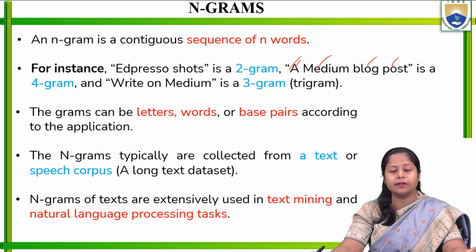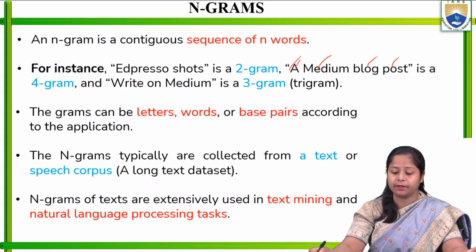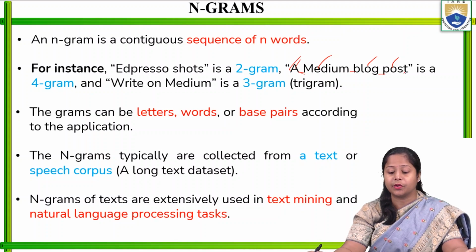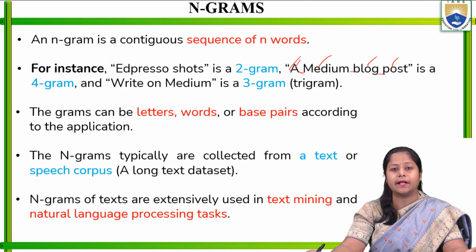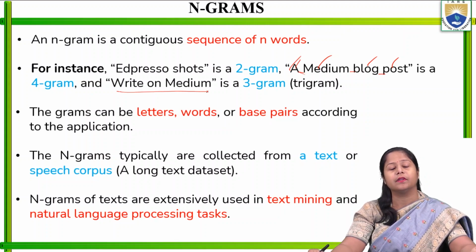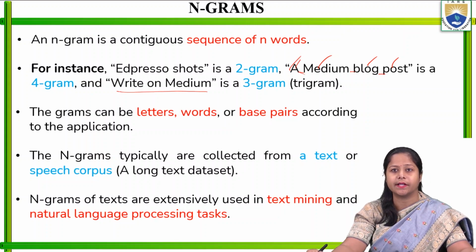Whatever letters are separated by white space in the English language are called one word. So here 4 words are there, and that will be called a 4-gram. Likewise, write on medium is again a sentence. Here 3 words are there, so that is a 3-gram or trigram.